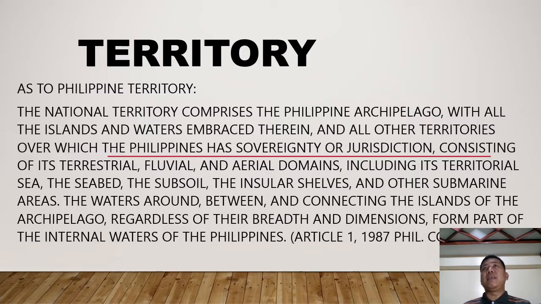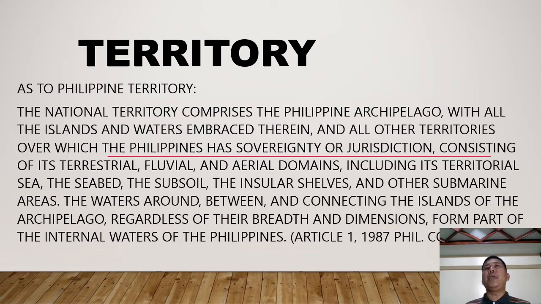The Philippines is a signatory to the United Nations Convention on the Law of the Sea, January 10, 1982 in Jamaica, to which we agree, and we define our territory as an archipelago.